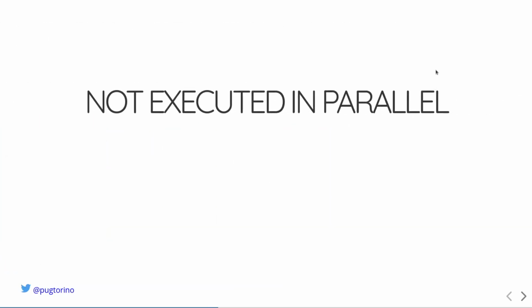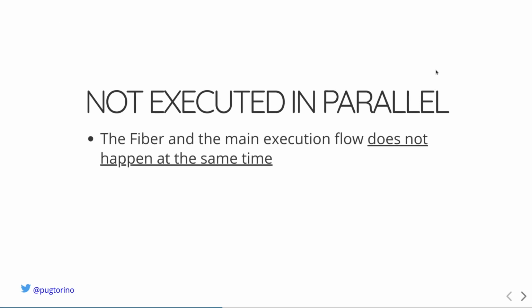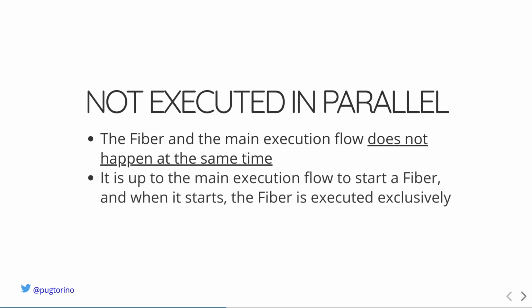So again, using fiber, you are not executing code in parallel. The fiber and the main execution flow do not happen at the same time, as I mentioned in the previous diagram. It's up to the main execution flow to start a fiber, and when it starts, the fiber is executed exclusively.